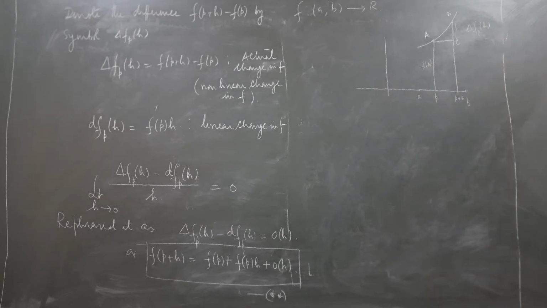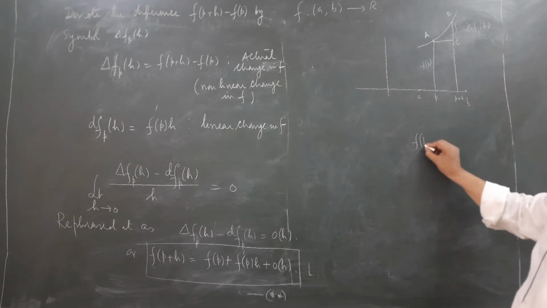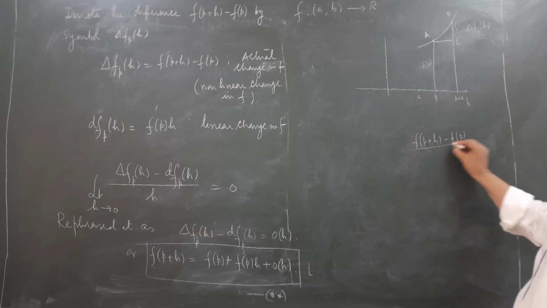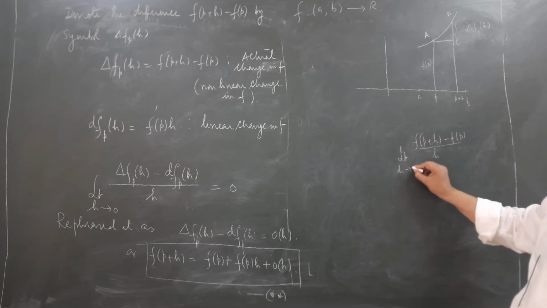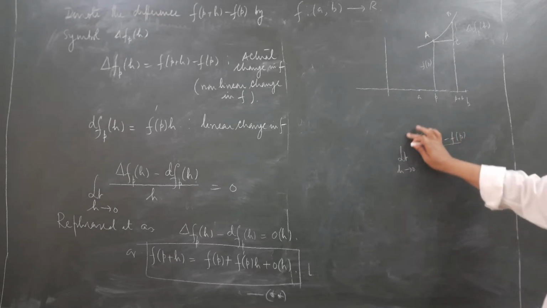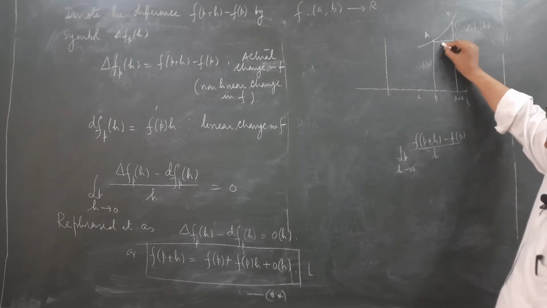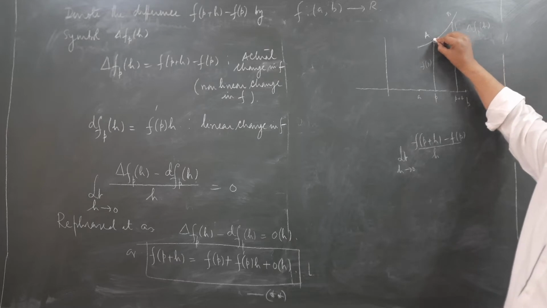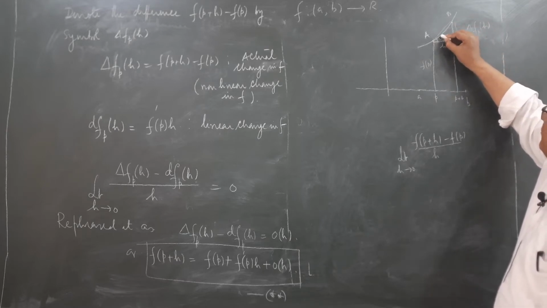Am I right? Yes. Now when you consider the limit of f of p plus h minus f of p upon h, limit h tends to 0, that means when you consider the limit of this quotient, what will happen when h tends towards 0? B will tend towards A. If you join A and B, this angle will be something, phi.